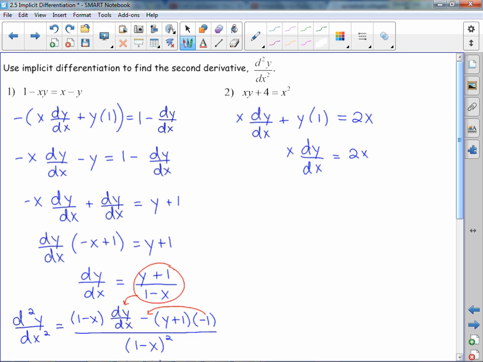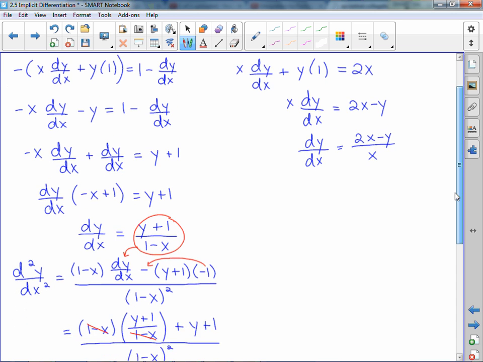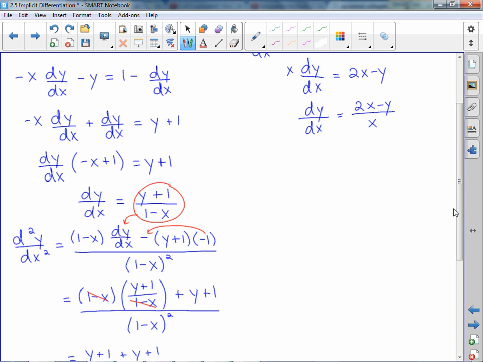So that's going to be 2x minus y on the right side, and divide everything by x. Okay, so that's the first derivative. Kind of easy to find, not too many steps. And now I want to take the second derivative.